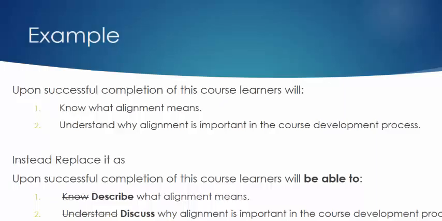These allow me to measure whether the student has accomplished the objective or not, because I can measure whether they can describe and I can measure whether they can discuss. So very small changes make a huge difference in the objectives.